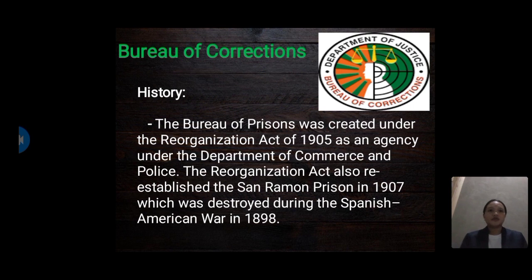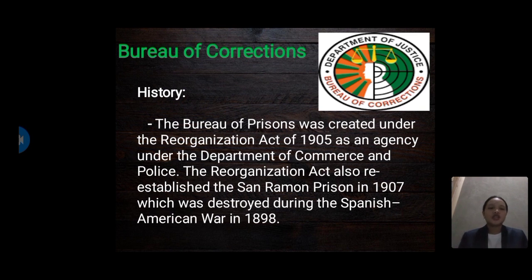Next is the Bureau of Corrections. This is also a brief history of this correctional institution here in the Philippines. The Bureau of Prison was created under the Reorganization Act of 1905 as an agency under the Department of Commerce and Police.